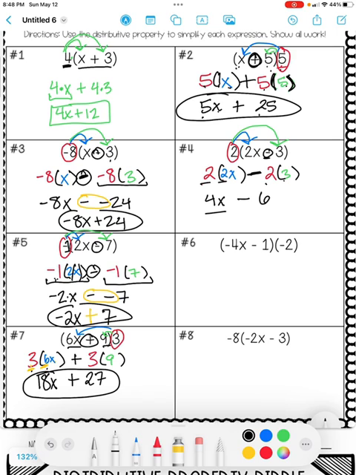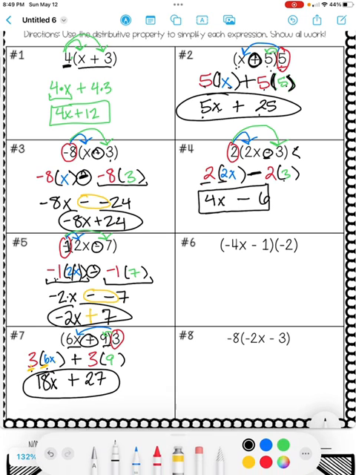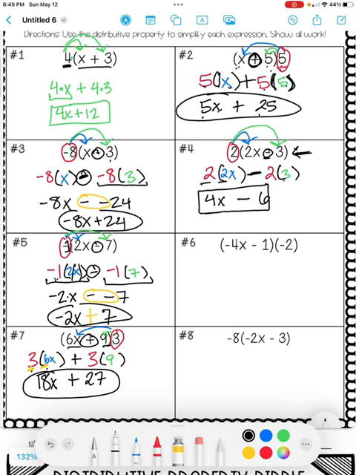I have an x term and a constant term, so I can't combine them anymore, which means my final answer is 4x minus 6. I haven't explained this in all of the other problems, but what we're saying is that the expression that we started with and the expression I've written here are the same. They're equal. For that matter, the part where I'm showing my work is also an equivalent expression.